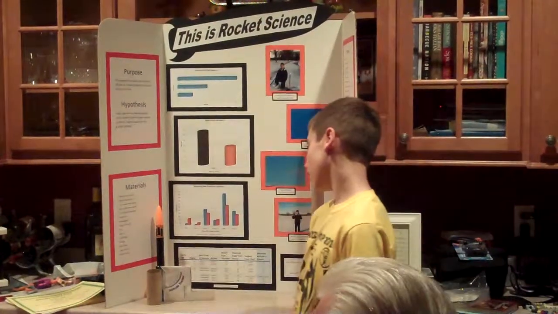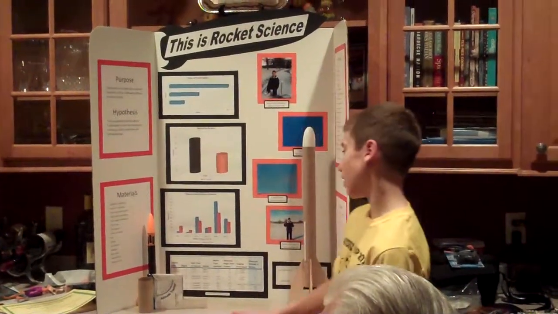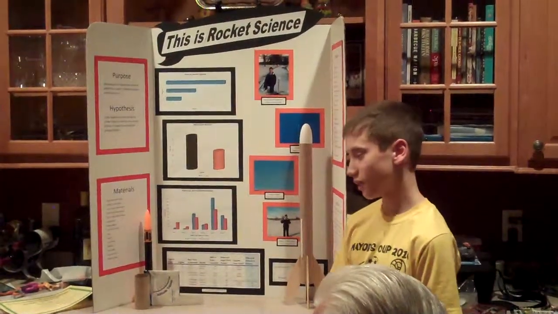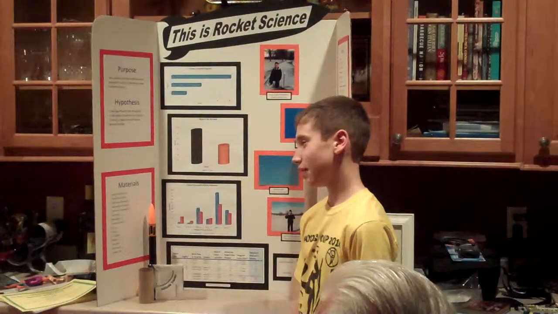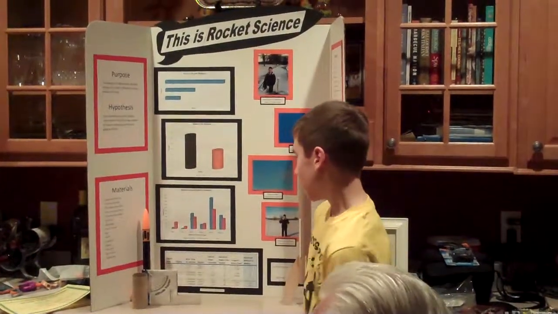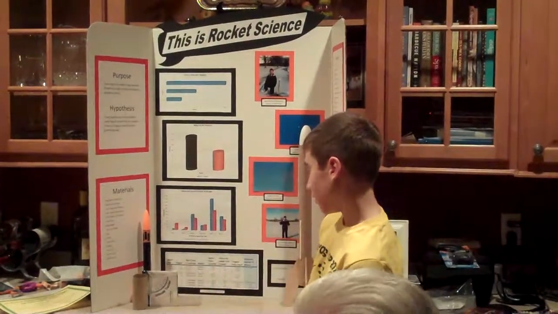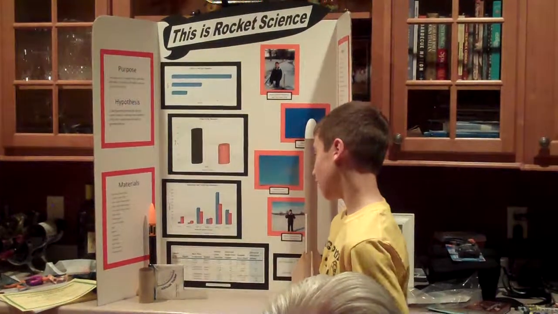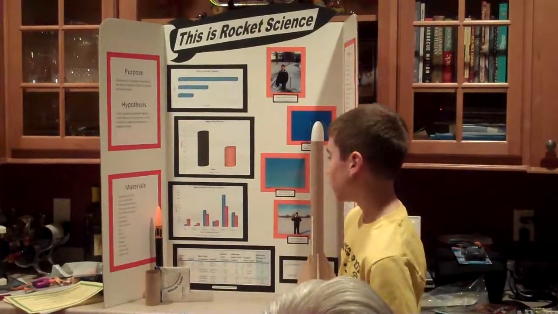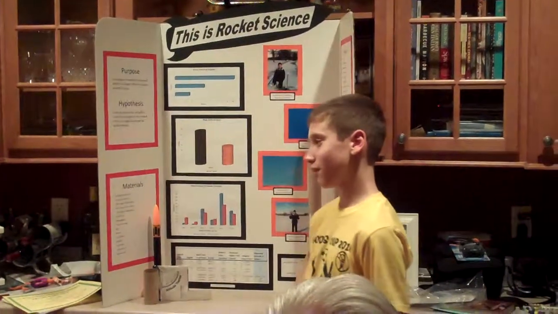And here are the rockets with the B engines, and once again the Alpha 3 went the greatest in altitude, and it went about as high as the St. Louis Arch. And here are the two rockets with the C engines, and once again the Alpha 3 went the greatest in altitude. It went about as high as the Sears Tower or the Willis Tower.